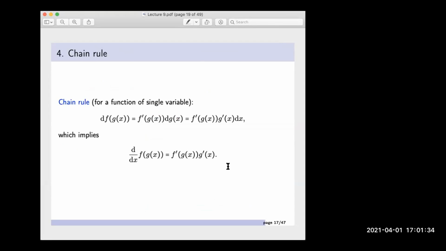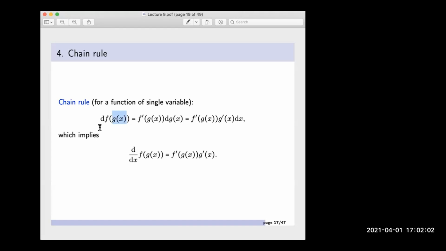And this total differential is especially useful to help us derive a chain rule for a function of 2 variables. So what's the chain rule? Recall that if you have a composition of functions consisting of 2 functions, f and g. So if you consider f of g of x, this is a composition between 2 functions.